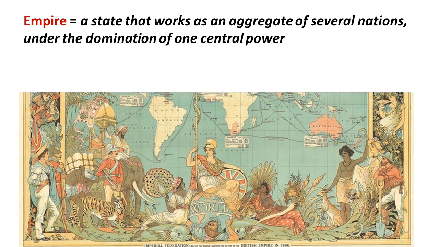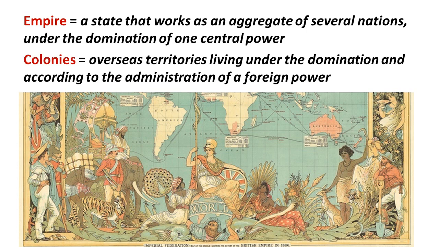A colony is also a term that used to exist in antiquity and which mostly referred to an overseas territory living under the domination and according to the administration of a foreign power.